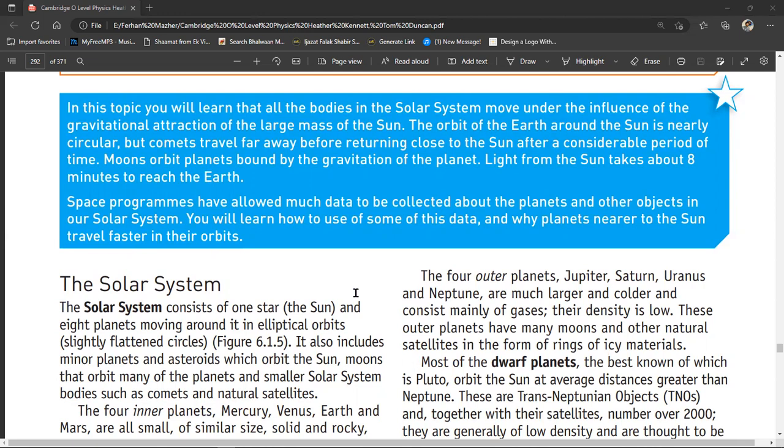Space programs have allowed much data to be collected about the planets and other objects in our solar system. You will learn how to use some of this data and why planets nearer to the sun travel faster in their orbits.